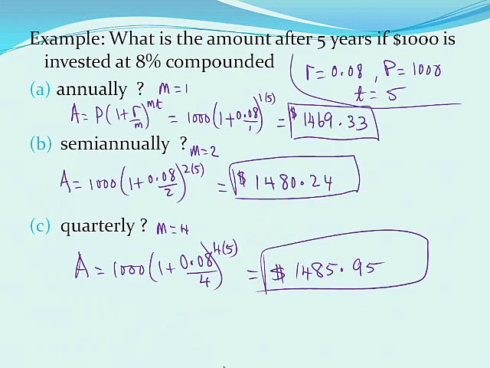Another example. What is the amount after 5 years if $1,000 is invested at 8% compounded? If the interest is compounded annually, the M value is equal to 1.